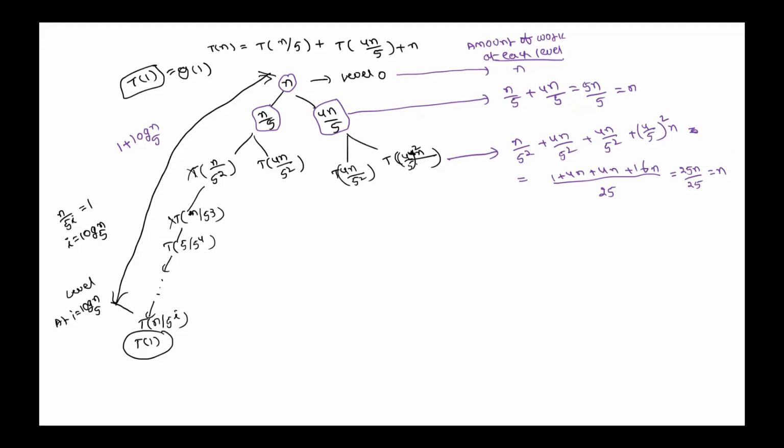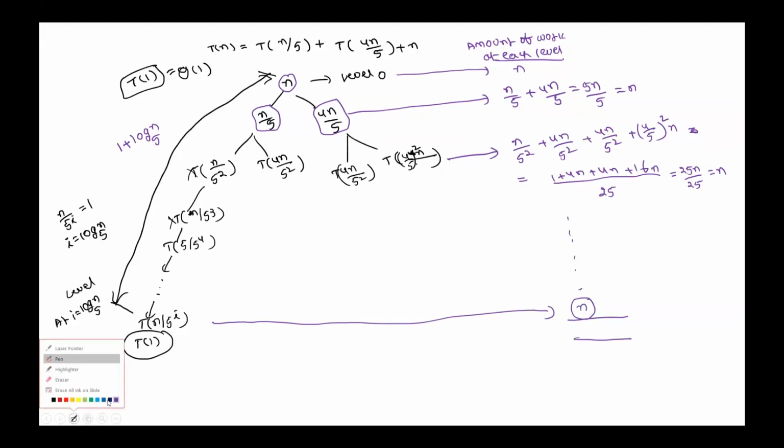It is correct. Similarly, if you keep calculating like this up to this level, you will get the amount of work done is n. Understand? That means at each level the amount of work we are doing is n. So now, how many levels are there up to this? You calculate the sum of the work done up to this level. How much is this? It can be n times sigma of level equal to 0 to log n base 5 of 1.